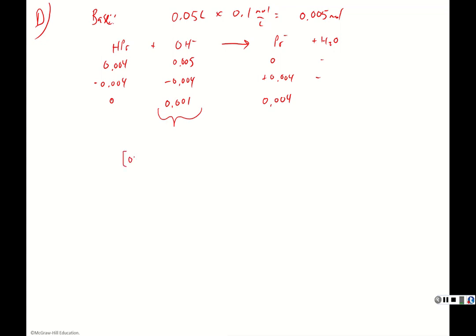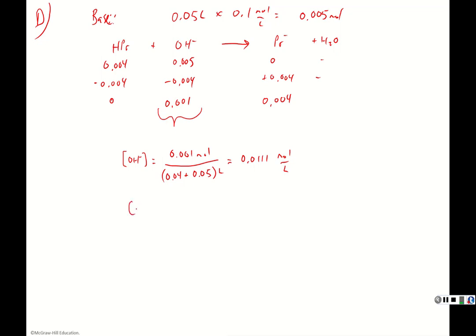So we can calculate that concentration. We have 0.001 moles divided by our total volume, which in this case is the 40 milliliters, 0.04 liters, we started with, plus the 50 milliliters, 0.05 liters, we've added. That equals 0.0111 repeating moles per liter. So that's the OH- concentration.